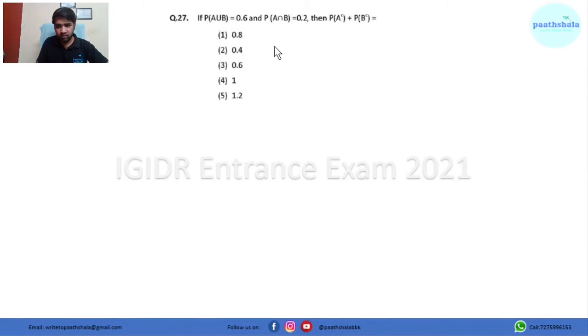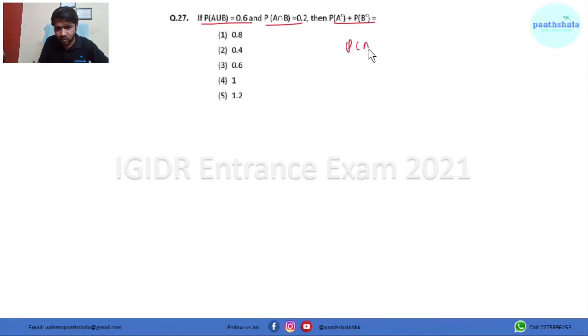Here it is given that probability of A union B equals 0.6 and probability of A intersection B equals 0.2. We have to find the probability of A complement plus probability of B complement.